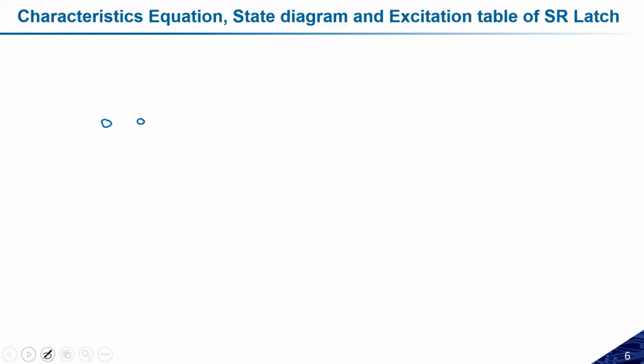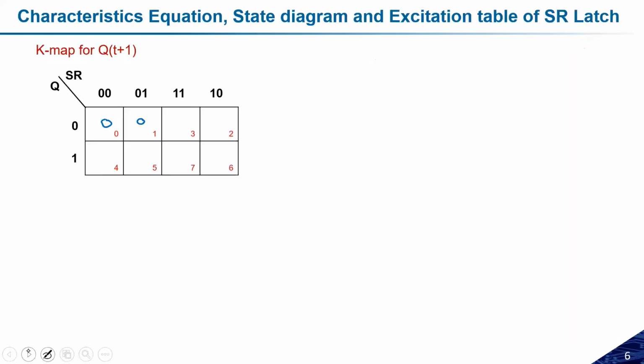It will be 0, 0, and 1, don't care, 0, 1, and the last one is don't care. This is the final K-map.